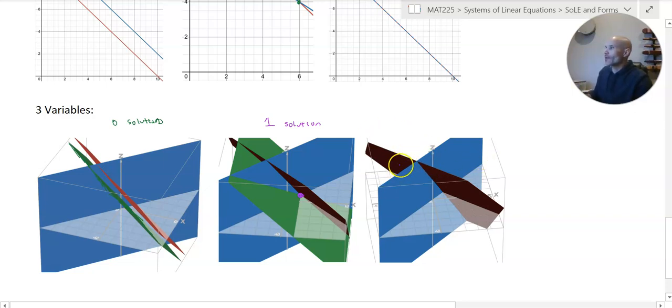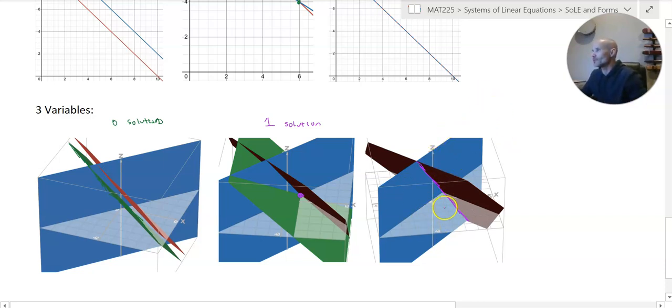Now in this case, notice we only have 2 planes. We have the blue plane, we have this dark red brownish plane. And if you take 2 sheets of paper and slice one into the other at any angle, there's actually going to be a whole continuum of points that they share in common. In fact, look at this purple line that I'm drawing here. This is every point where the dark red plane intersects the blue plane.